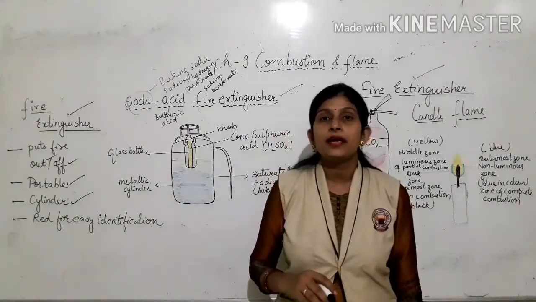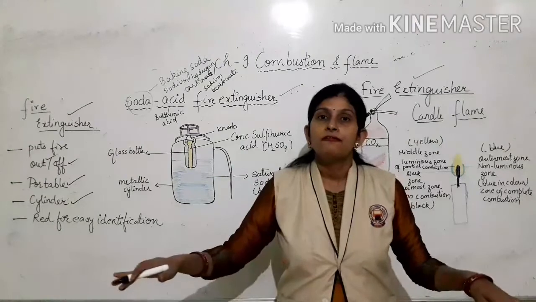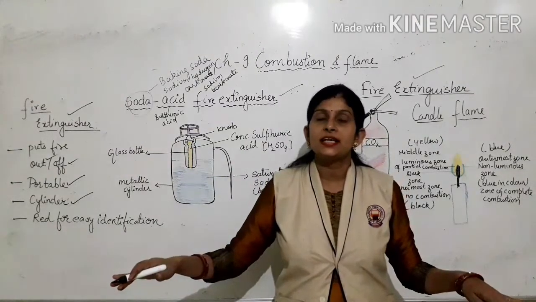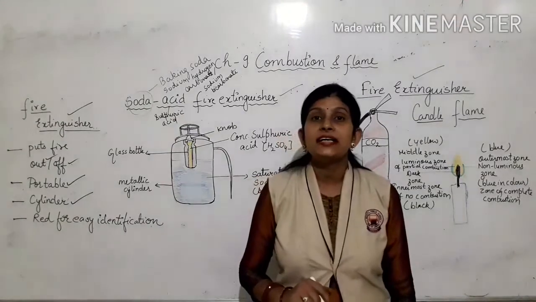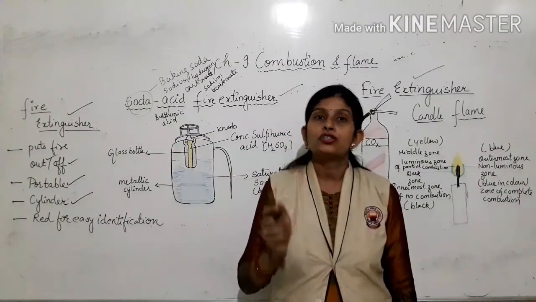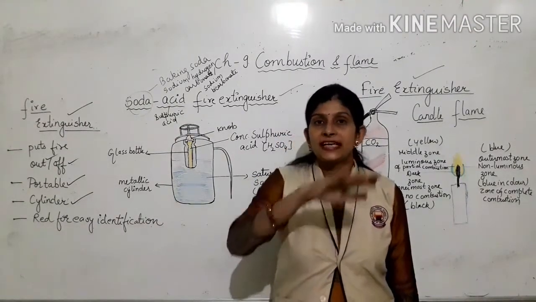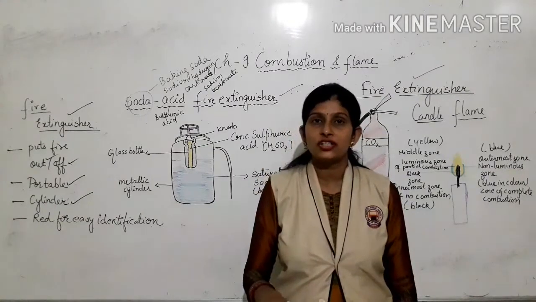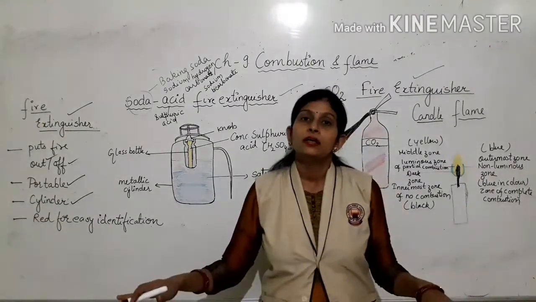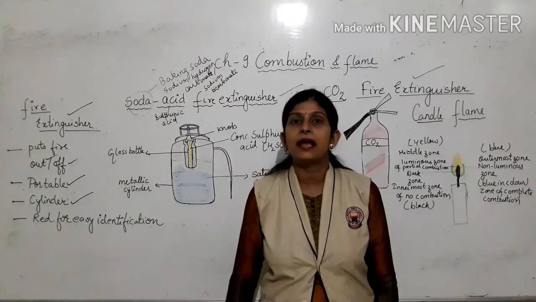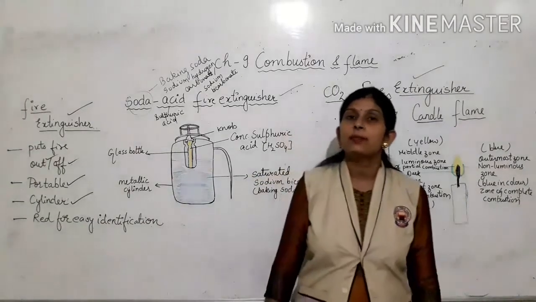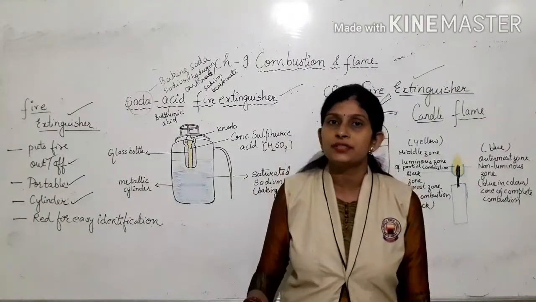Why does carbon dioxide cover fire or burning substance like a blanket? Because carbon dioxide is heavier than oxygen. So it settles down below oxygen and covers the burning substance or combustible substance or fire like a blanket and cuts off the supply of oxygen to the burning substance.